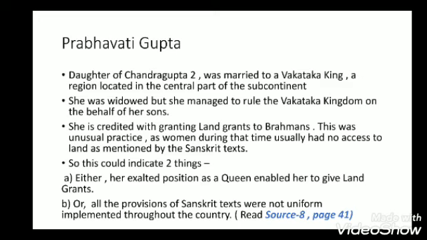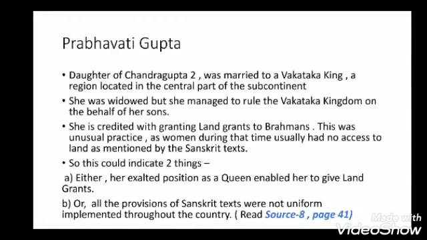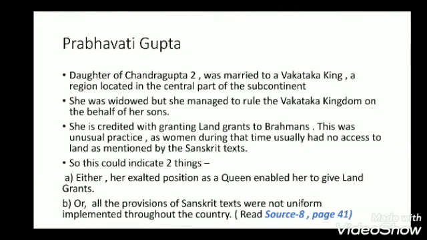Her husband died and she was left with two children, who were the heirs to the throne. Since these heirs were babies, Prabhavati Gupta ruled on behalf of her sons for 20 years, until her sons were big enough to take charge as king.